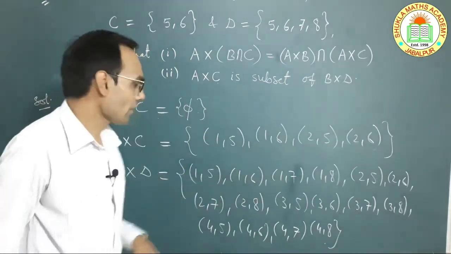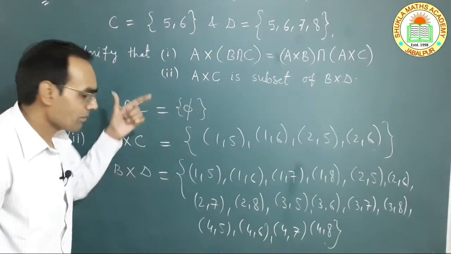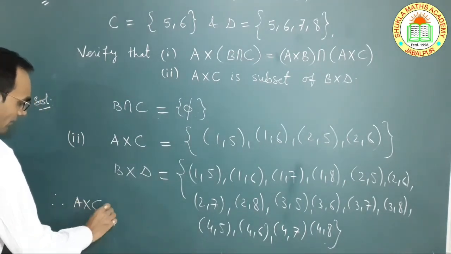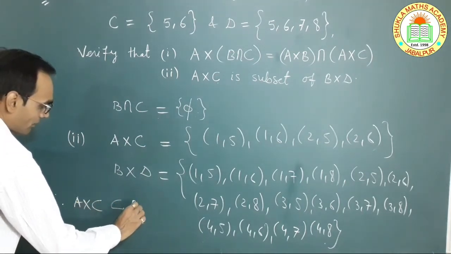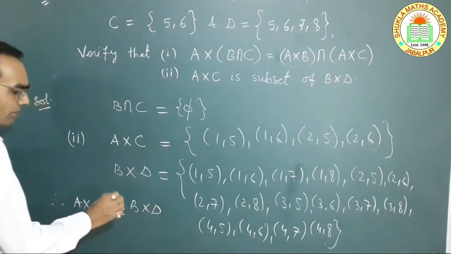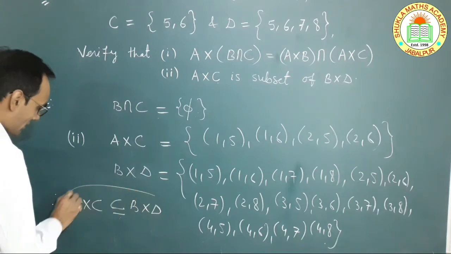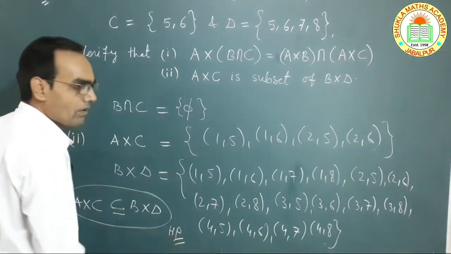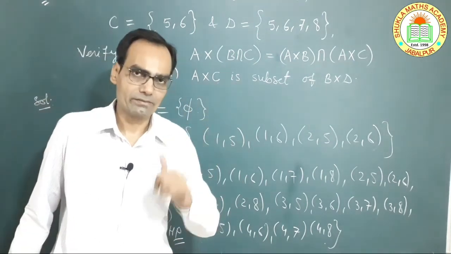So all the elements of A × C are in B × D. Therefore A × C is a subset of B × D. This is the symbol of subset. So the second problem is proved. So hence, both the problems, first and second, are proved.